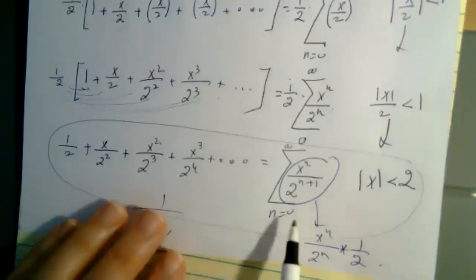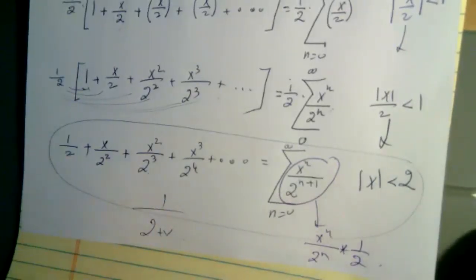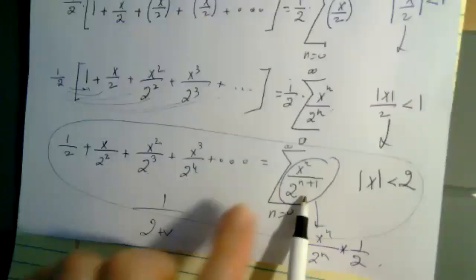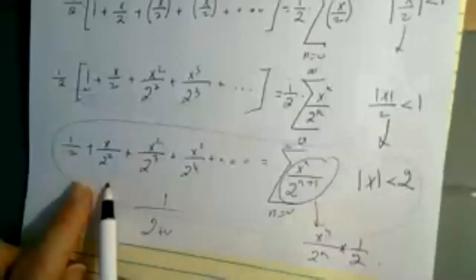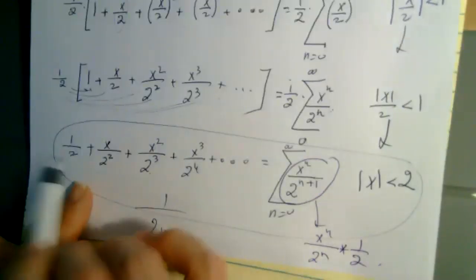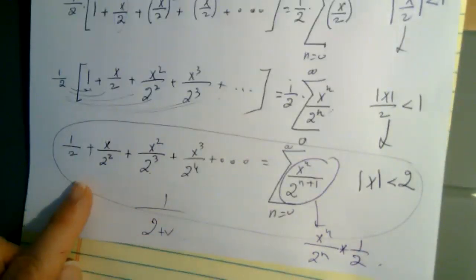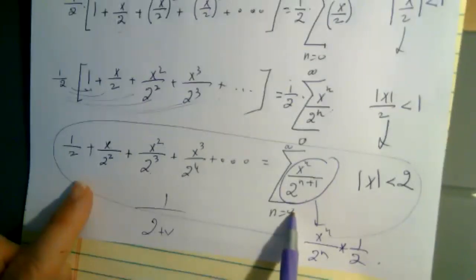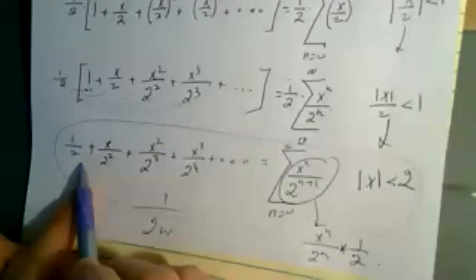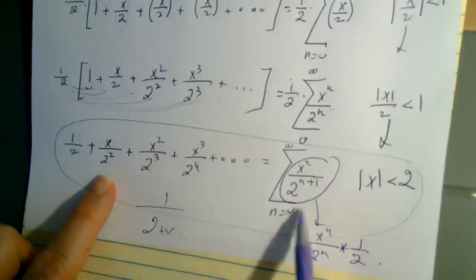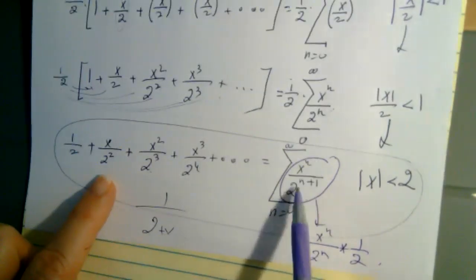Okay, now one way, usually I like to do, is to make sure that my notation, those two, basically coincide. I go backward. I say, okay, are this and this the same expression? Let's say if n is 0, this is going to give me x to the 0 over 2, it means 1 half. If n is 1, this is going to be x over 2 squared.